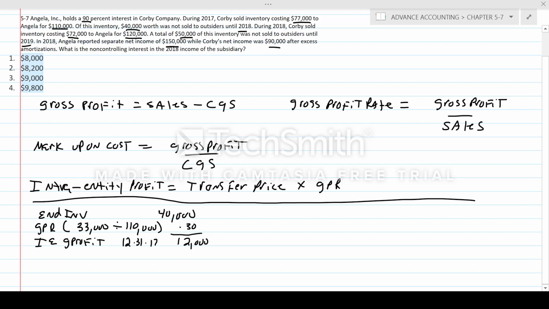And this $33,000 was calculated by taking the $77,000, subtracting it from $110,000.